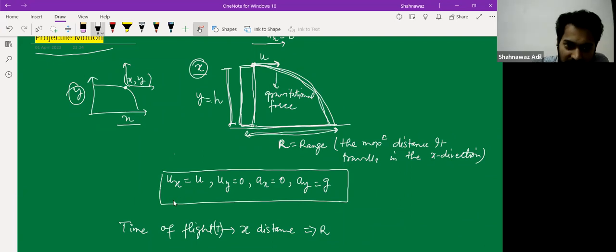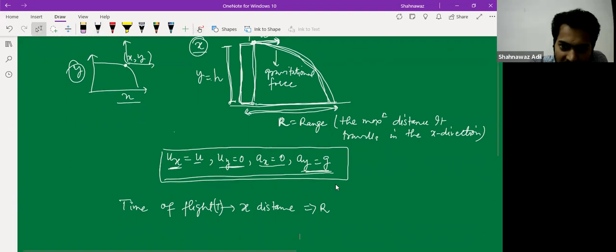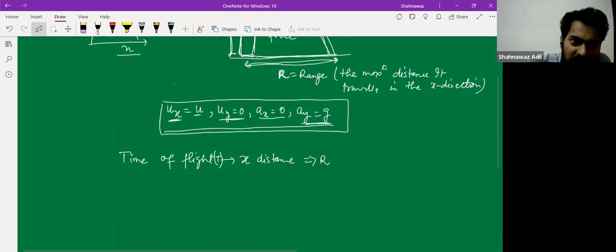So we have this prior information that the horizontal initial speed is u, okay? And this has no y direction initial velocity. So your uy is 0. And again, it has no x direction acceleration. So your ax is 0. And ay is g. Okay. So let's solve all the kinematic equations with respect to x and y.